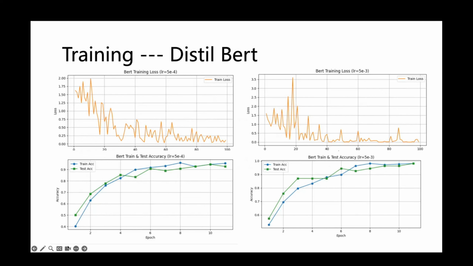With the small learning rate, the training loss decreased steadily, and both training and test accuracy rose constantly to over 19%, with a minimal gap, indicating stable training and good generalization. With a larger learning rate, the loss dropped faster but was unstable, and the training accuracy steadily exceeded test accuracy, suggesting mild overfitting.